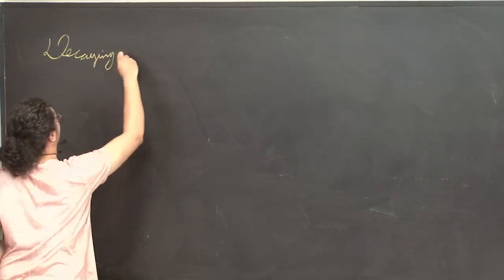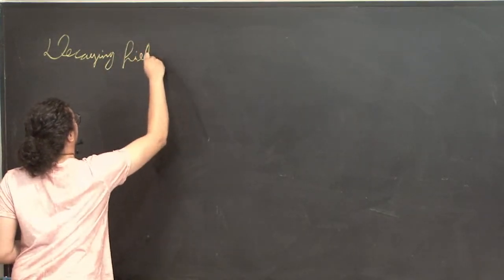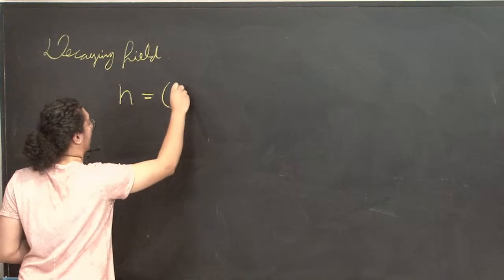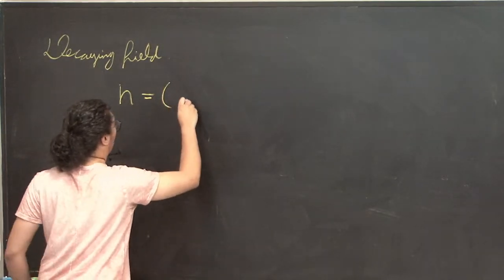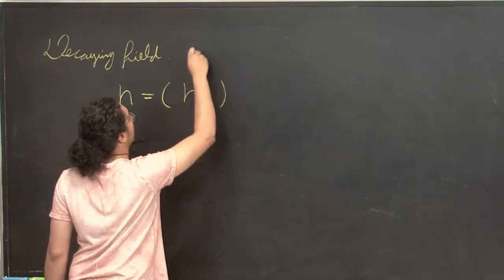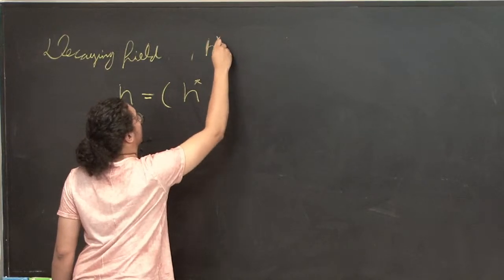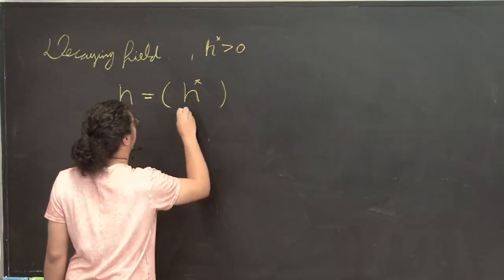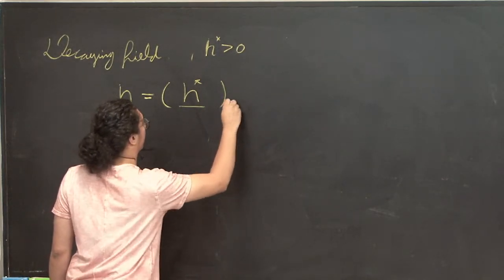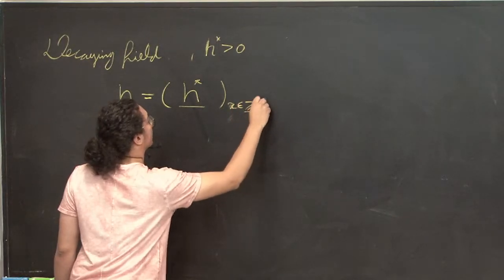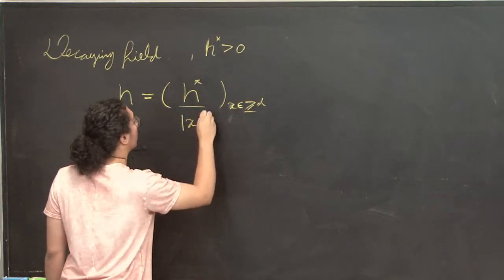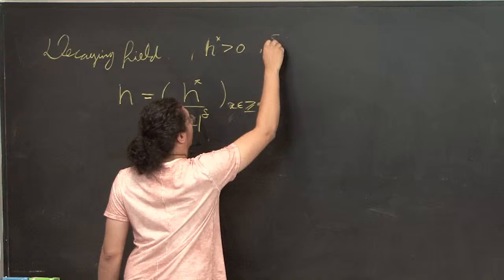You take the external field as H star, which is a positive constant, and you divide this by the distance of x to 0 to some delta. Delta is again a positive term.